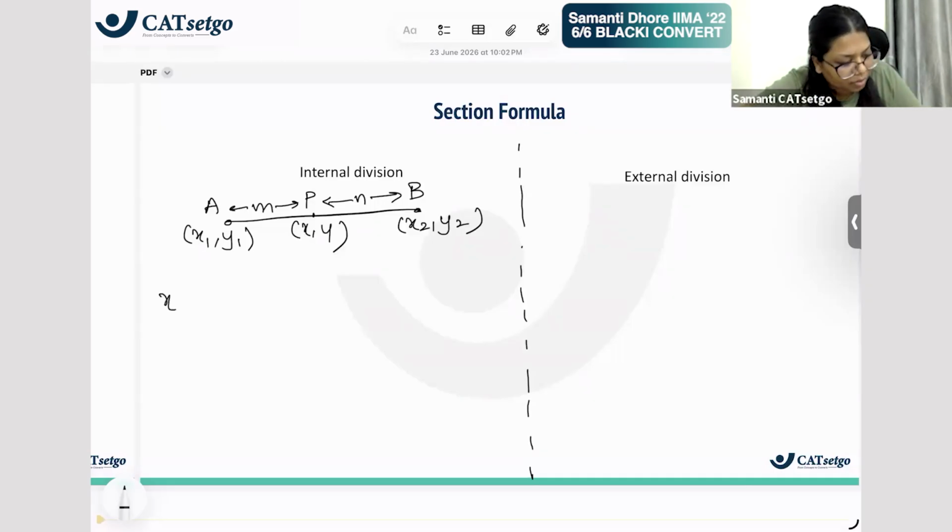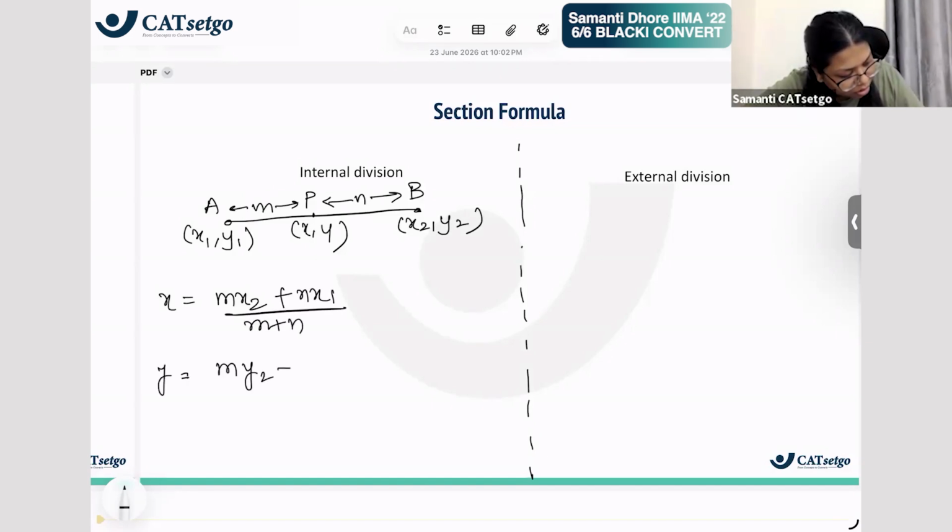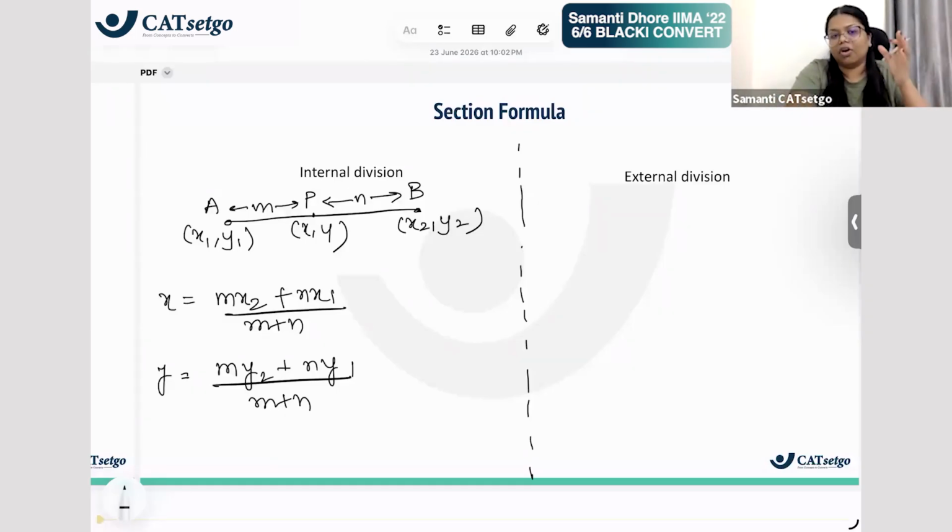We say x is equal to mx2, क्योंकि ये m है तो उसके opposite x2 है ना, mx2 plus nx1 upon m plus n, and y is also equal to my2 plus ny1 upon m plus n. So this is how we are able to get x comma y coordinates of a point that is dividing segment A comma B internally in the ratio m is to n.